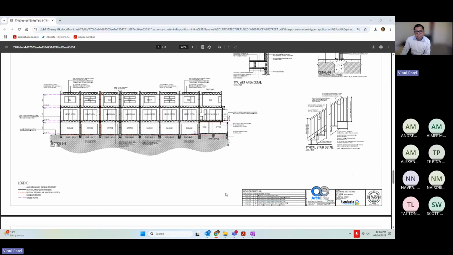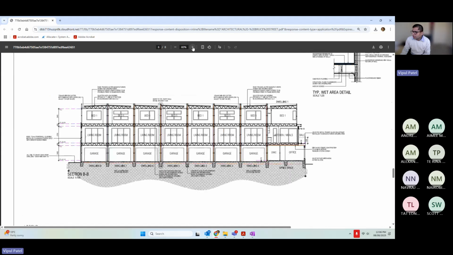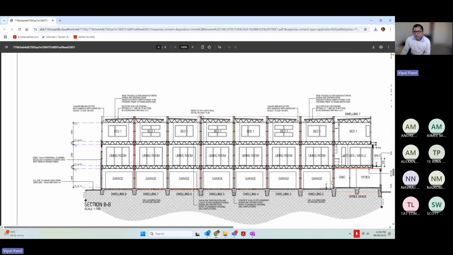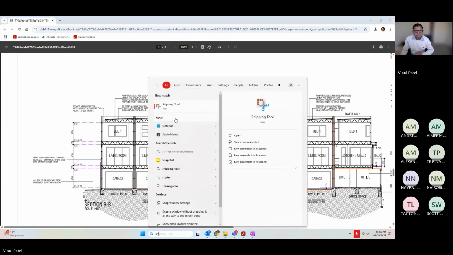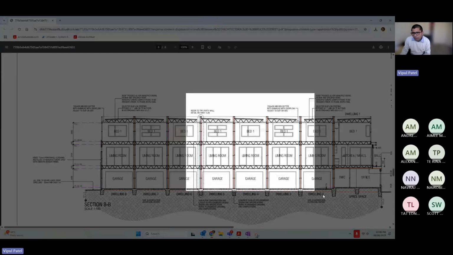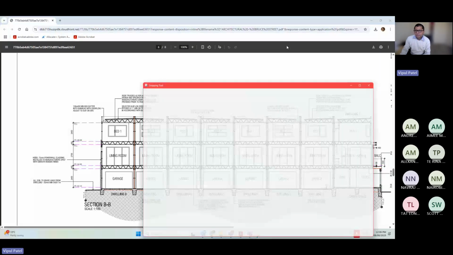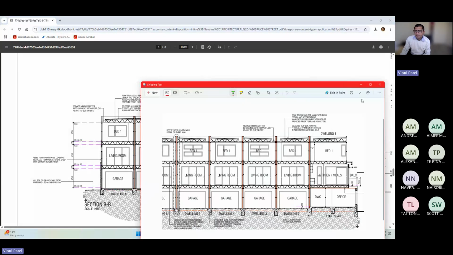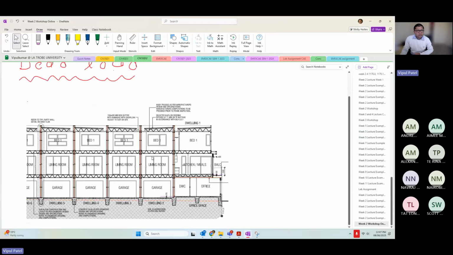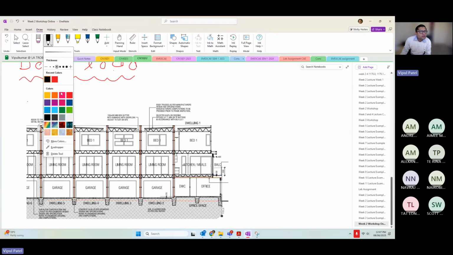That's probably the best view. If you go to this architecture drawing, let me snip it so we can annotate this one. Our beam is sitting here. Let me use the green color so we can see it.